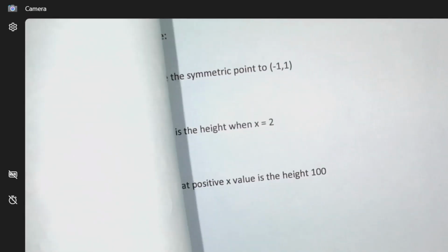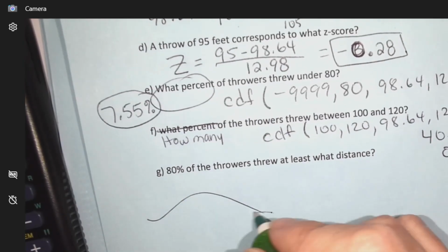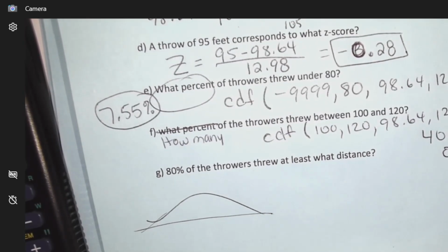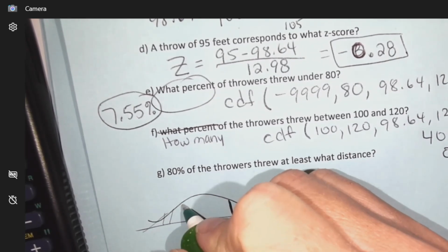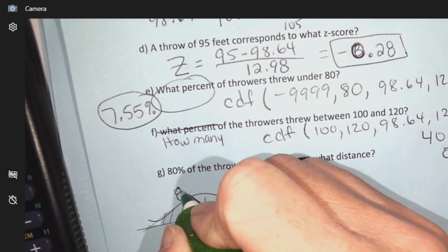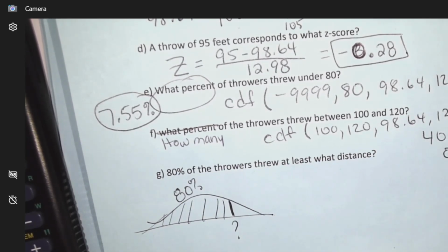Okay, last question of the day. 80% of the throwers threw at least what distance? I'm asking you that 80% are below what distance?